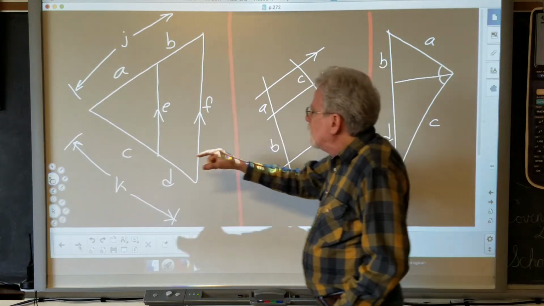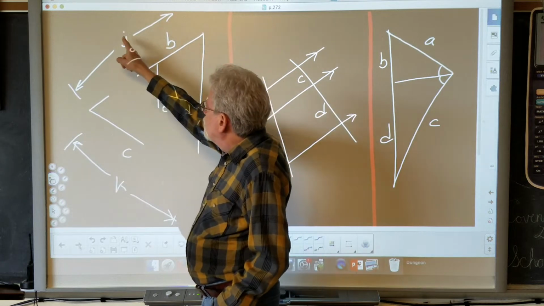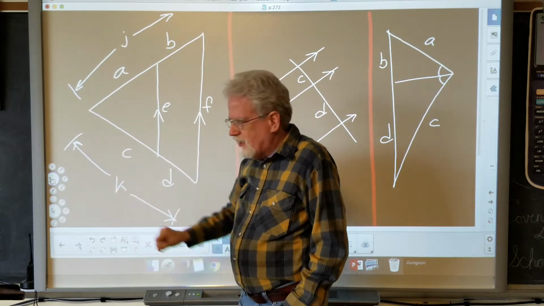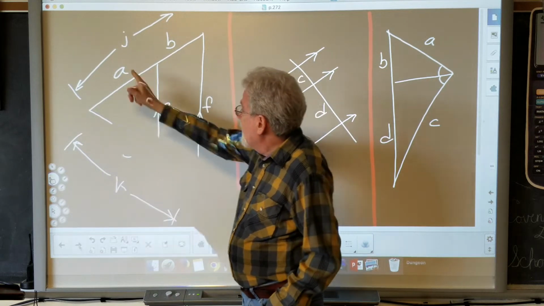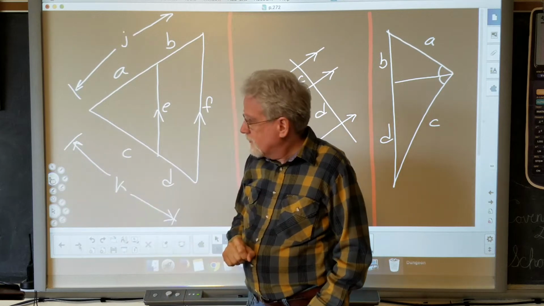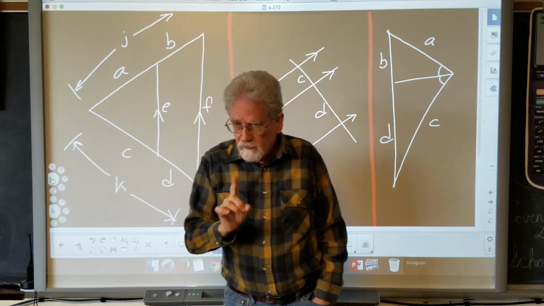Or you could even do B over J equals D over K. Or A over J equals C over K. And then the one that messes folks up most often.